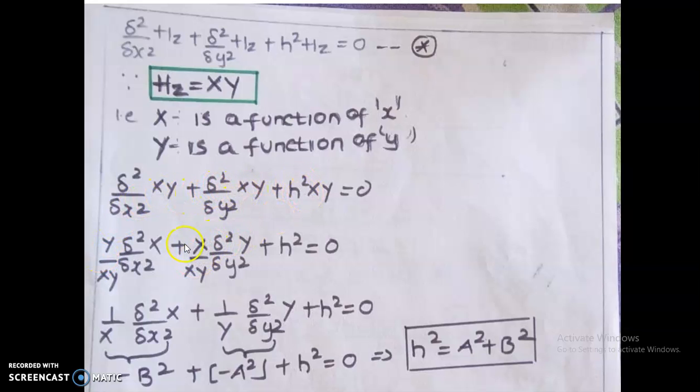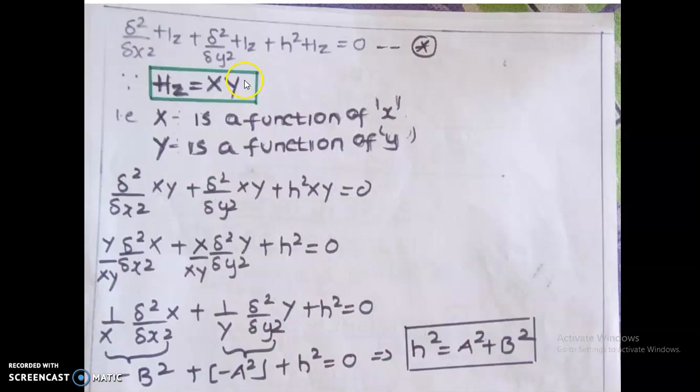Now what I have done here is that I have divided by XY. Now Y over Y got cancelled, X over X got cancelled, plus h square equal to 0. The remaining part we have already discussed in TM: this is nothing but minus b square and this is nothing but minus a square. Now again we get the same equation, that is h square is equal to a square plus b square.